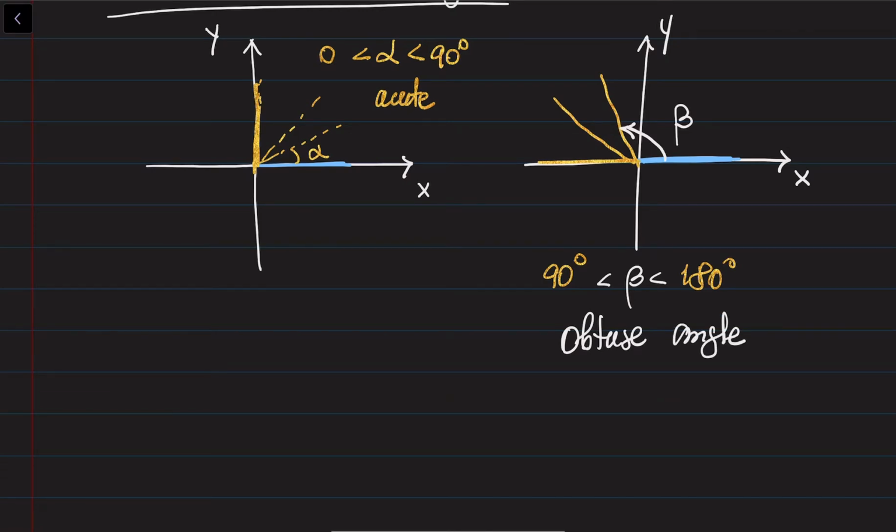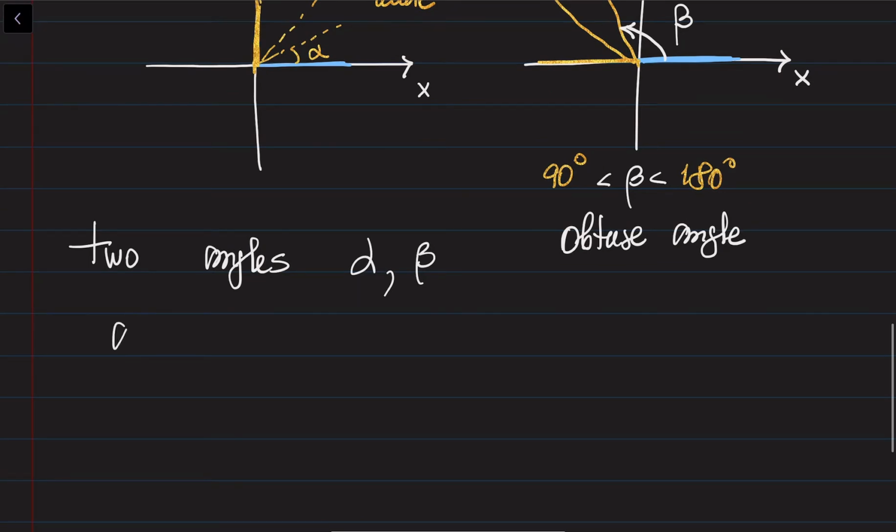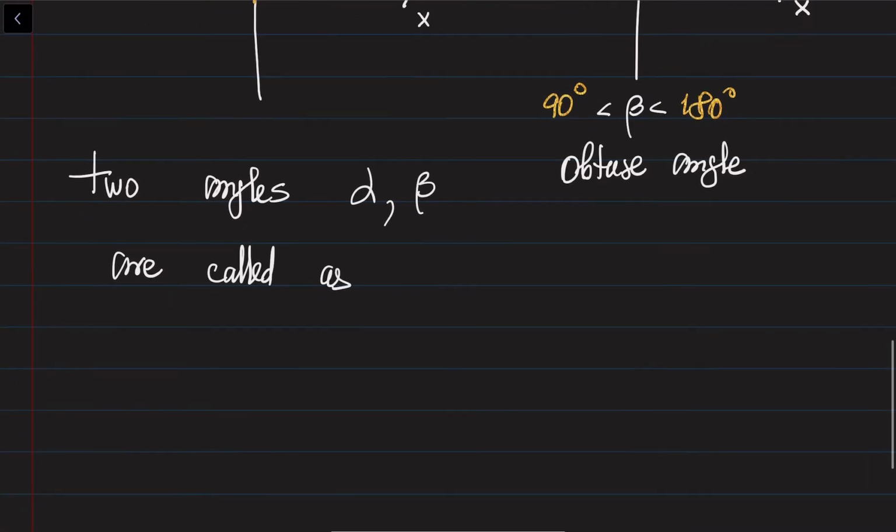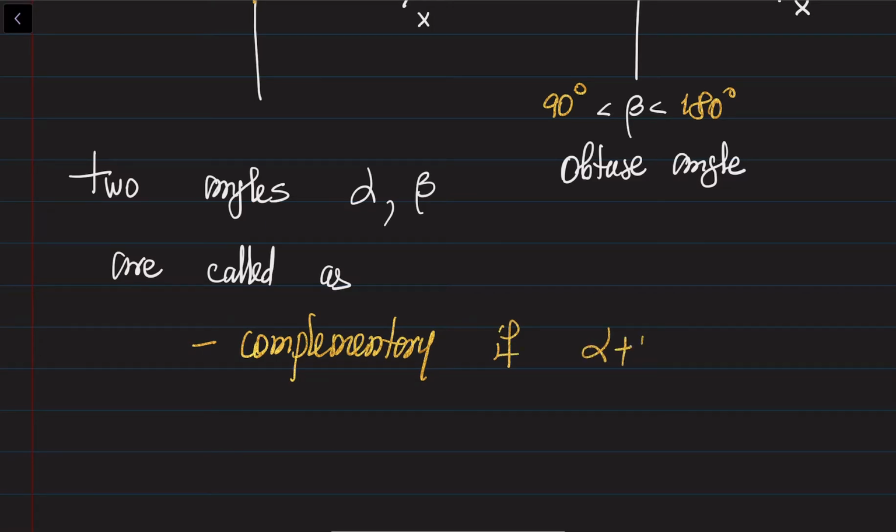At the same time, two angles, alpha and beta, are called complementary angles if alpha plus beta is equal to 90 degrees.